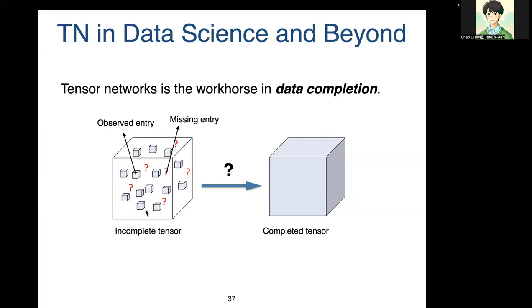The challenge is to recover the full data efficiently without overfitting or blowing up the computation. Tensor networks provide a compact factorization that can model the underlying correlations in the data, allowing us to fill in the missing entries and reconstruct the complete tensor, while keeping the memory and the computational cost manageable.